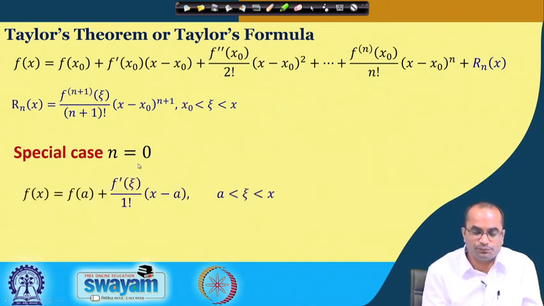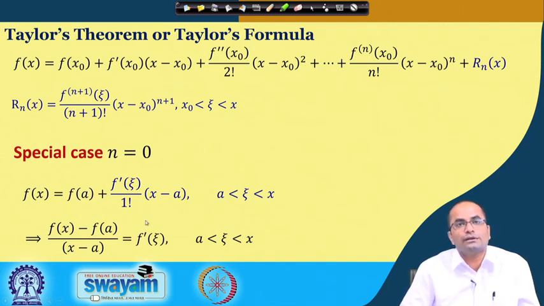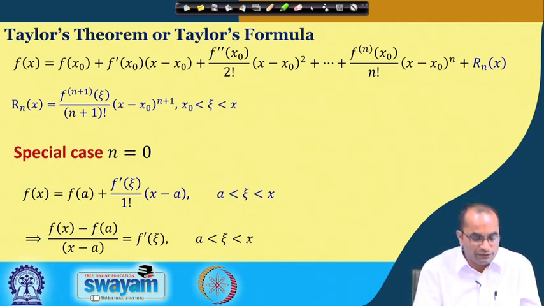So, we get this f prime(xi) divided by factorial 1, and then we have this (x minus a), or x_0, whatever we consider. So, then the xi lies between this a and x, and in this case we get this form of the Taylor's theorem which was the Lagrange form mean value theorem.